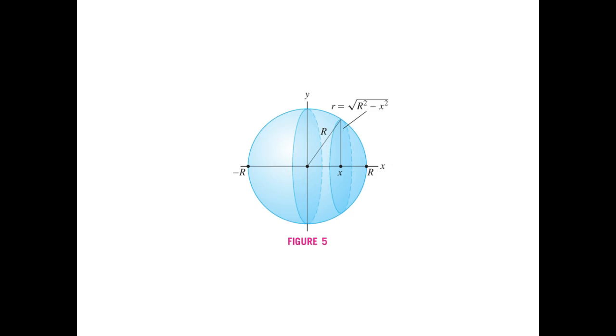The ball comes out of the board and goes into the board. But still, they chose here, and this is fine, x-axis this way, y-axis this way. So that would mean the z-axis would be coming out of the board like this. But we're not going to fiddle with the z-axis on this problem because our symmetry takes care of everything there. In fact, symmetry will take care of a lot of things you'll see.